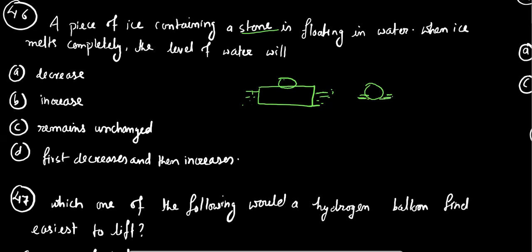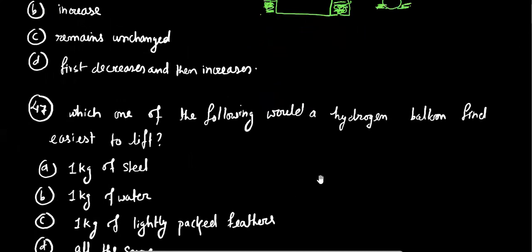So we can say that in the second case the height of liquid will be less as compared to the first case. So we conclude that when the ice melts completely, the level of water will decrease. So this is question number 46.